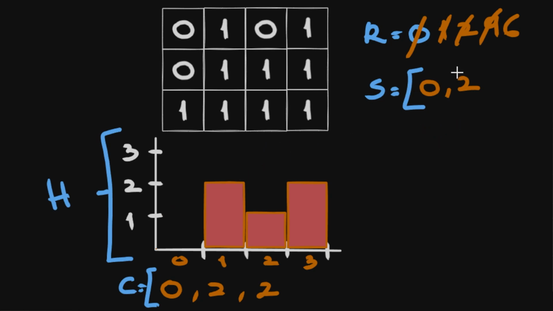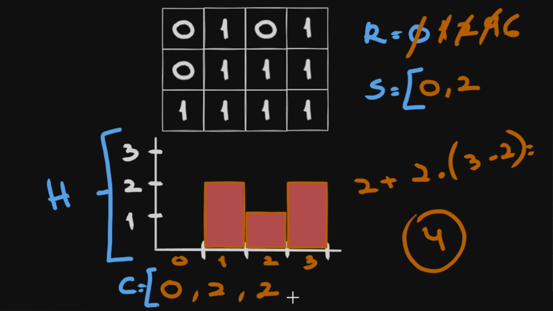So now we take count at index 2, meaning 2, plus the current height 2 times the current index 3 minus the last value in the stack 2. And this is 4. So we put a 4 here and we add 4 here. This is now 10. And we add the current index here in the stack.